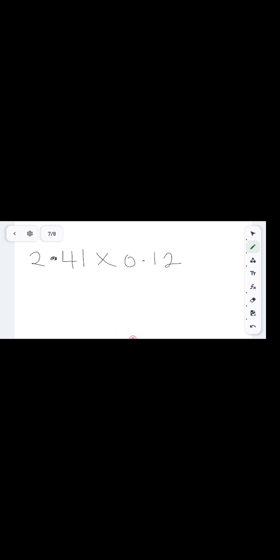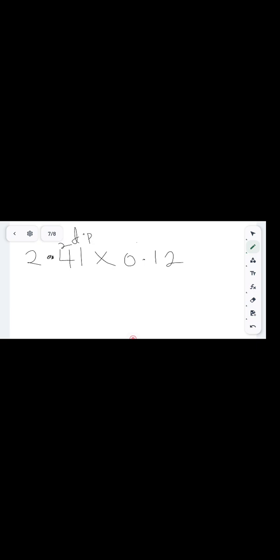So we say this decimal number has two decimal places. The second one also has two decimal places, simply because it has two digits after the point. So when you are multiplying decimals, you sum up the DP. Here we have 2 DP. Are you getting it?